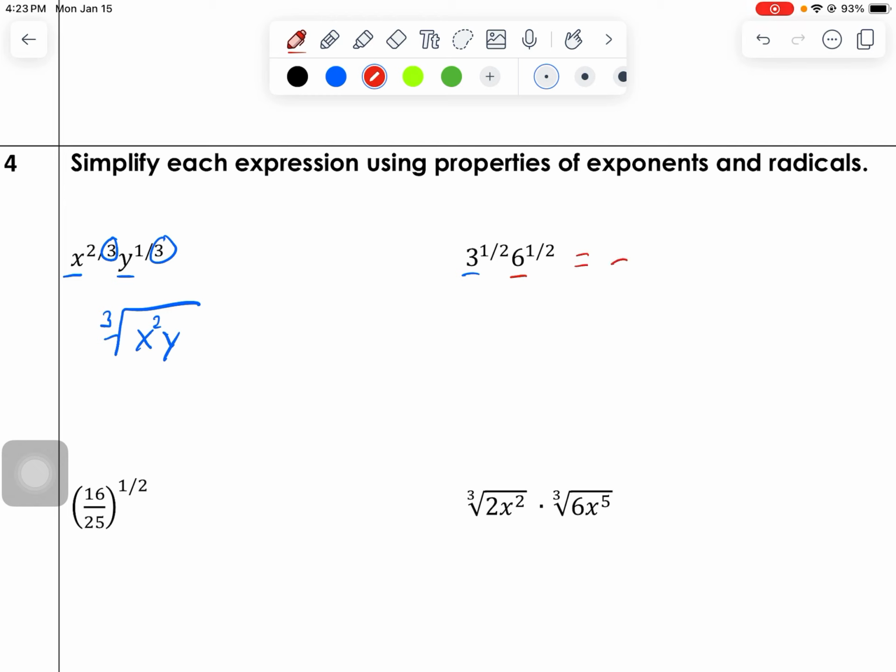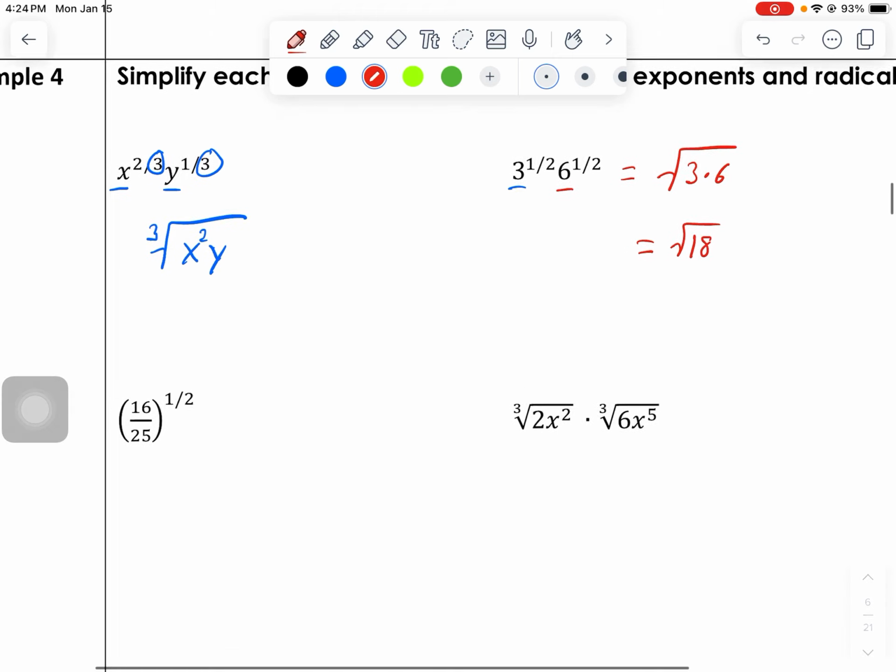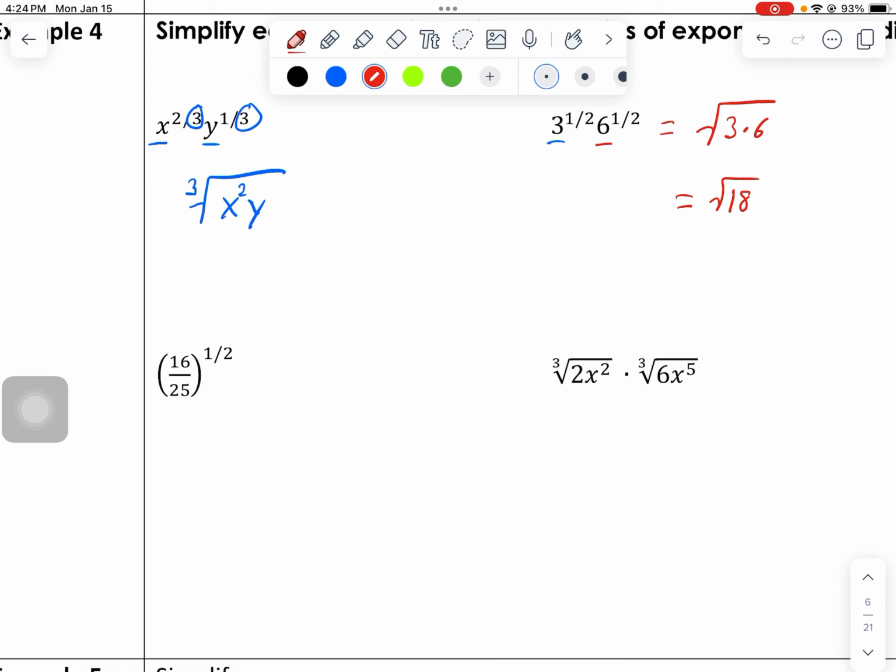But what I could do is rewrite this as the square root of 3 times 6, which would be the square root of 18. So it does work here since they have the same exponent. We could write it as a radical. But it's just one of those things you have to be really careful with. So we could write this as 18 to the 1/2 power.